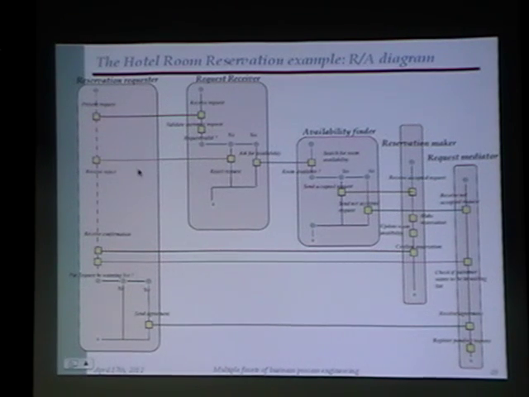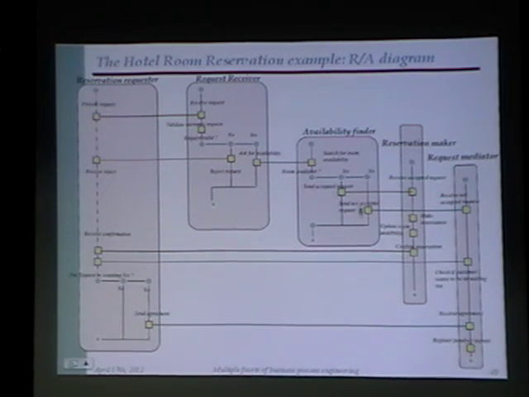If it is not valid, it is rejected. If it is valid, the request goes to the back office of the company. Somebody will find the availability, rooms available. If there are rooms available, the reservation making will make the reservation, book the room, change the planning and whatever, and inform the customer that the reservation is confirmed.